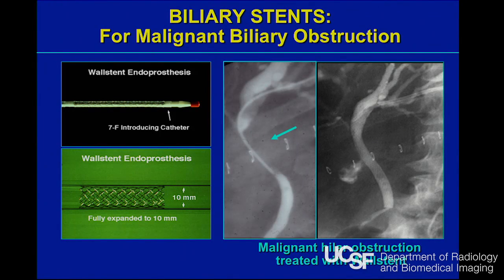The reason is that long-term patency of metallic stents in the biliary tree is on the order of 4 to 6 months. So if you're expecting your patient to live for more than 4 to 6 months, it's probably not such a good idea to give them a metal stent, unless you're planning on redraining them at that 4-month mark, or sometimes even sooner, for recurrent biliary obstruction associated with debris, or perhaps even malignant stricture that's growing over the edges of the stent.